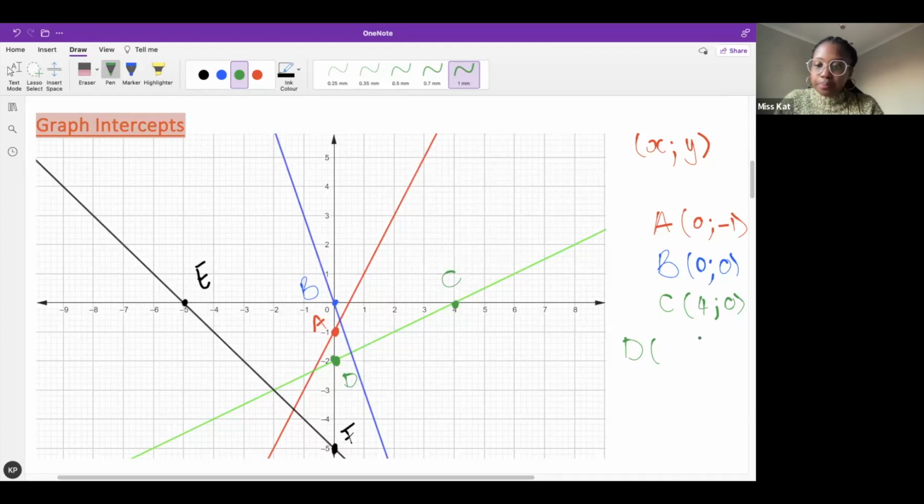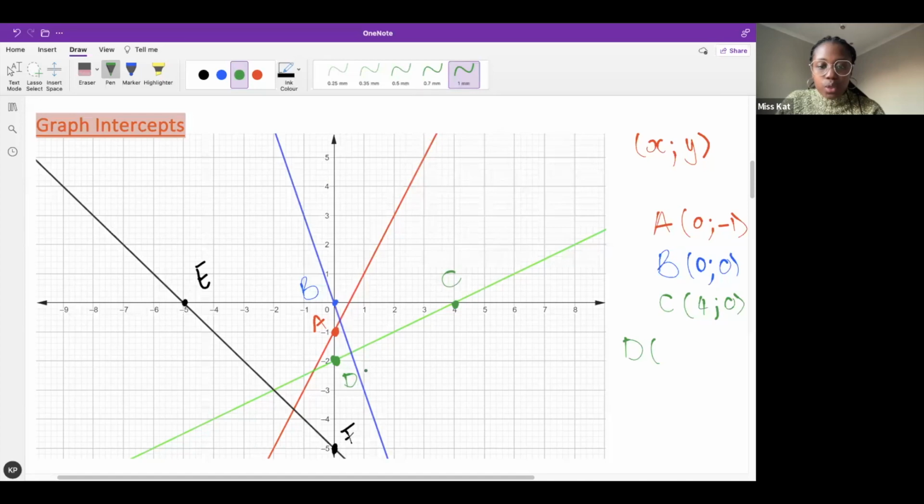Let's go to D. D is all the way here. It's at the bottom. Gorapet says -2 and 0.